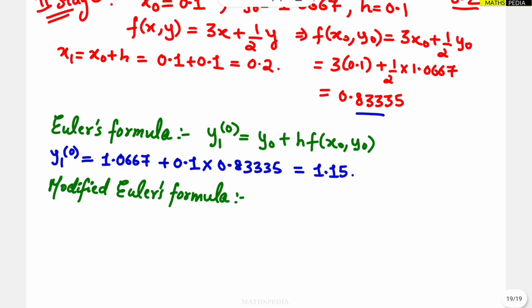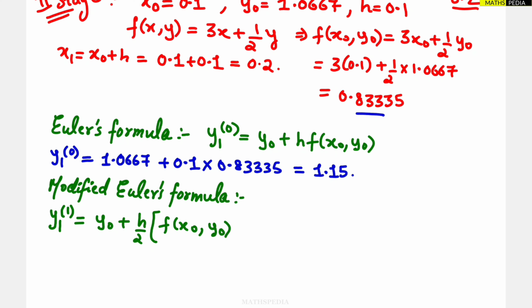In modified Euler's formula, the first iteration will start from y1 of 1, which is equal to what? The formula y0 plus h by 2 into function of x naught comma y naught plus function of x1 comma y1 of 0.